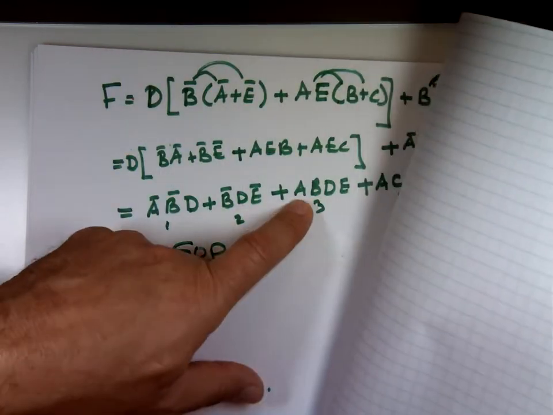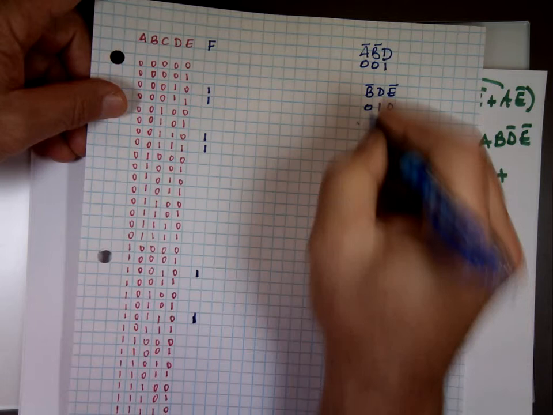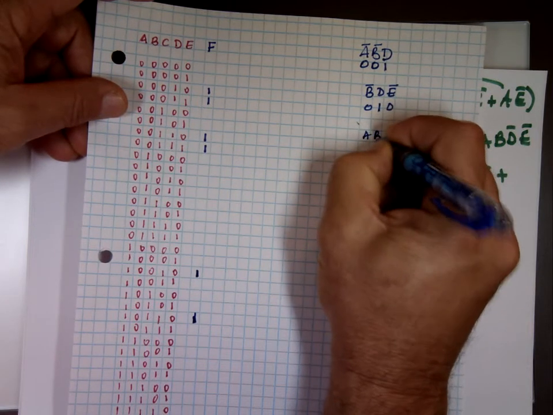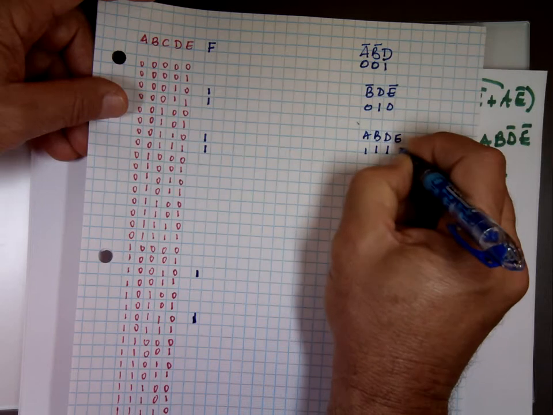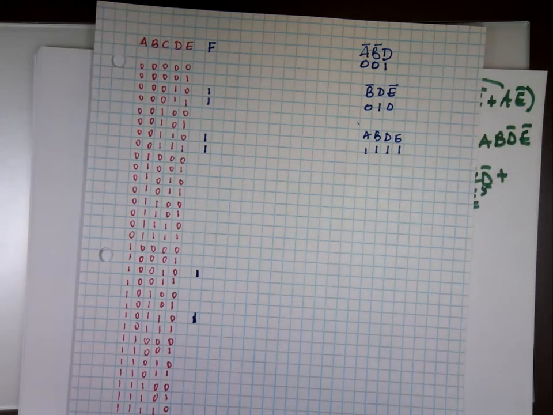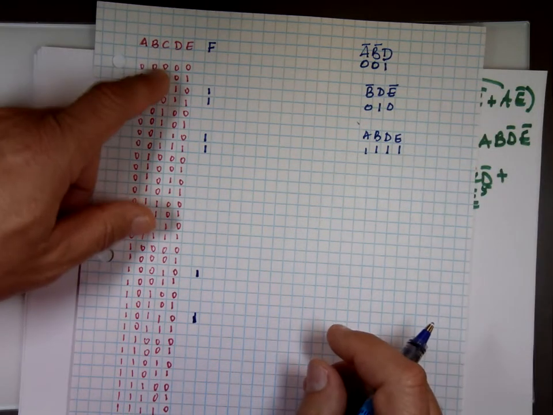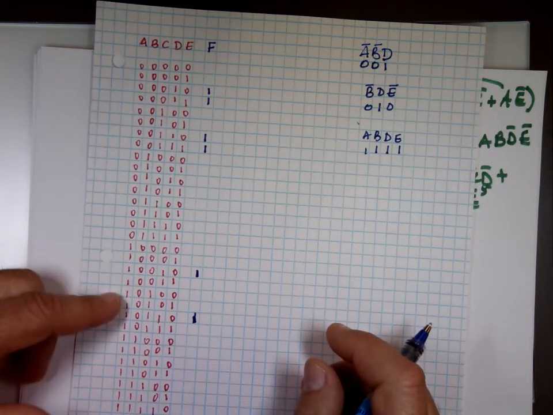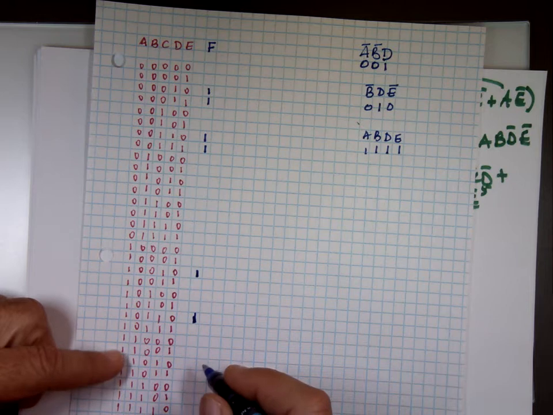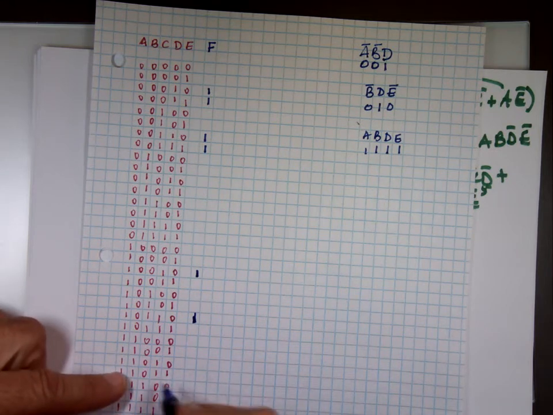Now A, B, D, E. One, one, one, and one. No C. So look for A, B, D, E when they're all ones. A, B, D, E, all ones, right here.